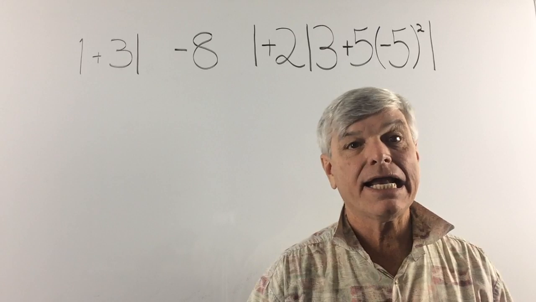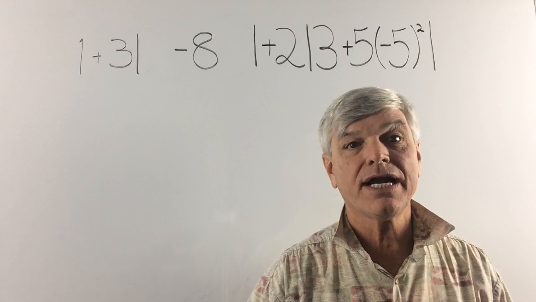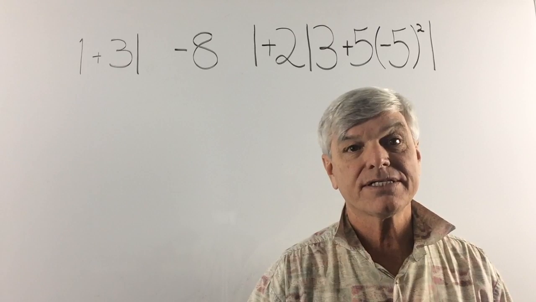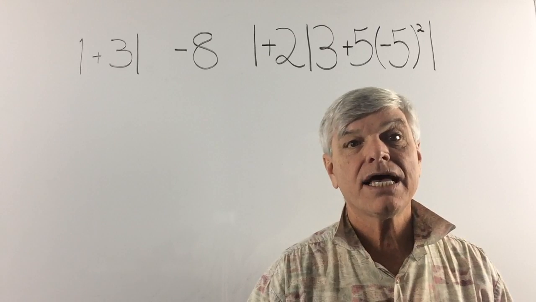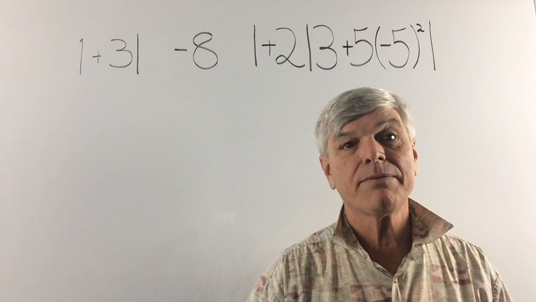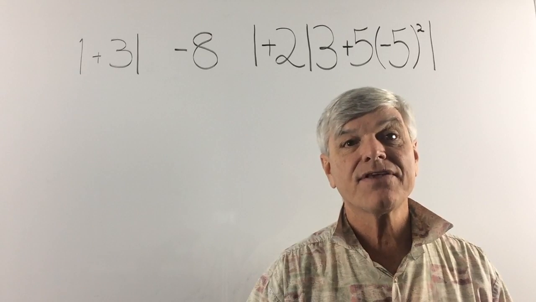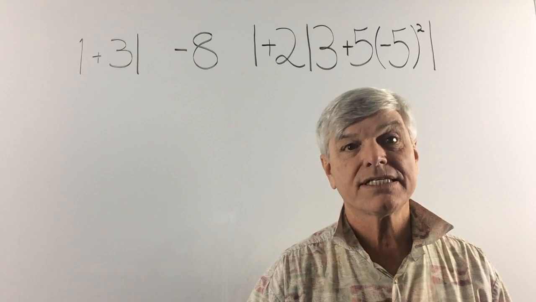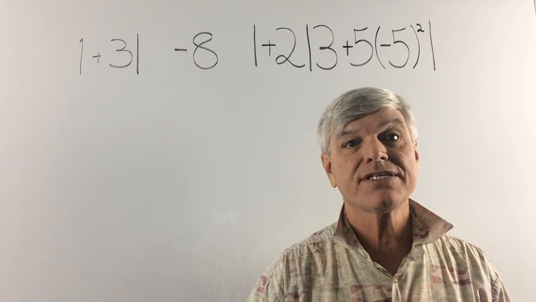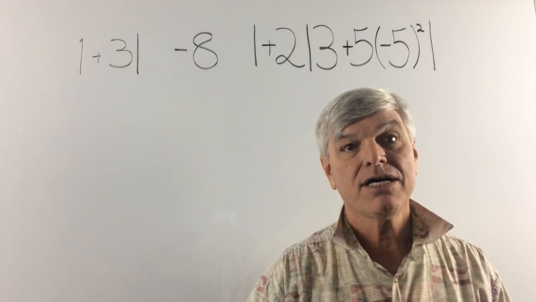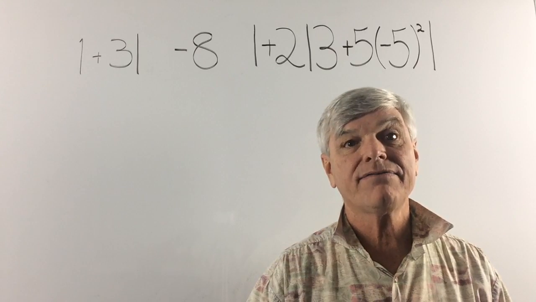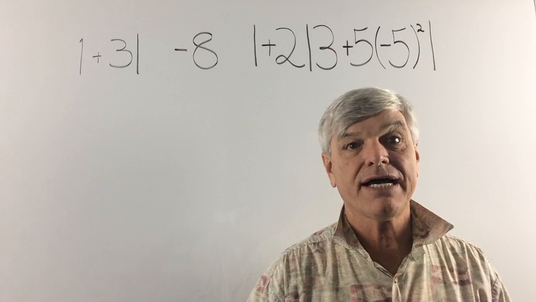It is not next to the 5. If you're looking for a number, it is not next to the 5, it is next to the parentheses, which means that exponent is going to be applied to everything inside that parentheses. Now everything inside this parentheses is negative 5. So it's going to be applied to the negative, and it's going to be applied to the 5.